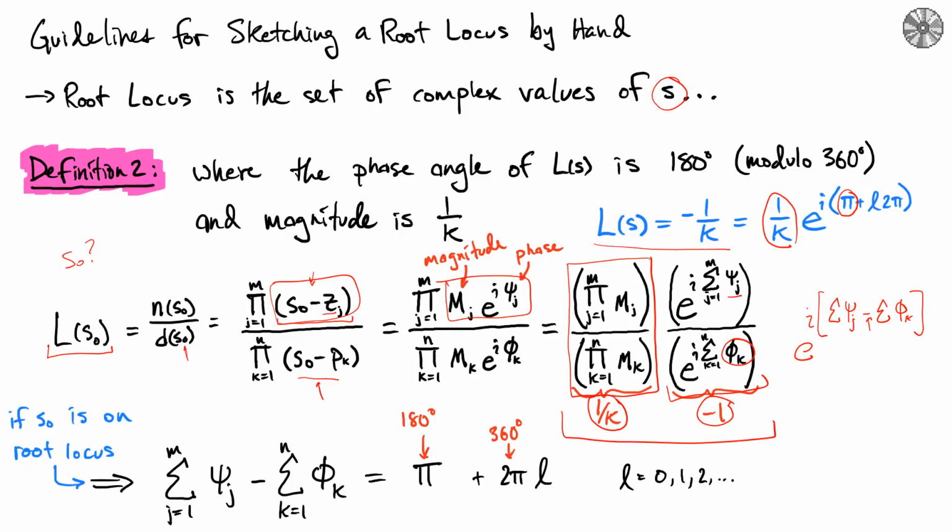What this means is that this difference, this sum subtracted from this sum, needs to be equal to pi, or 180 degrees, again modulo 360. This is one of the key criteria that we'll continue to use when we define our sketching rules.